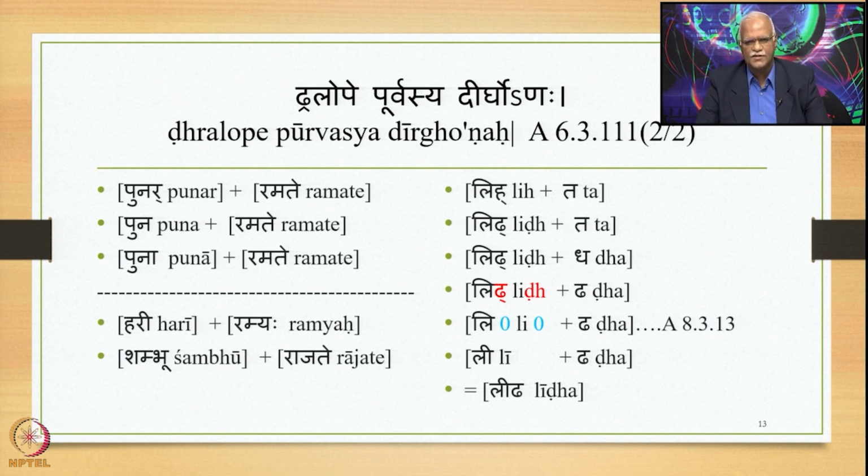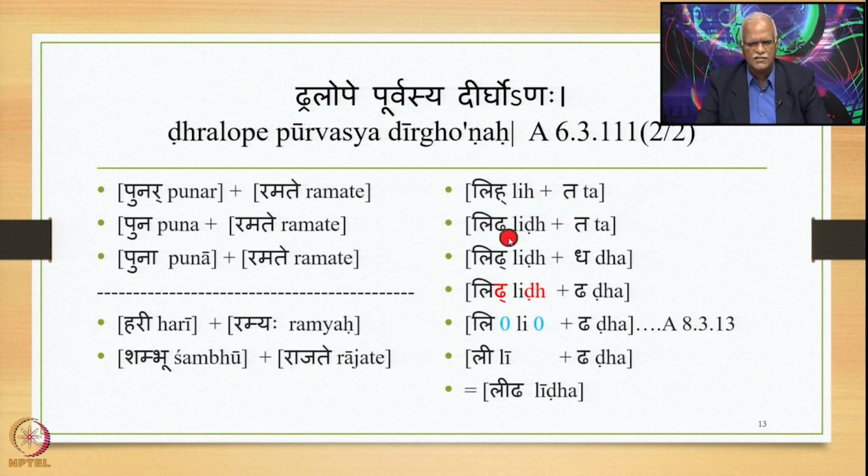Now, also let us look at the example where dh is deleted by the environment of another dh coming right immediately after. Here is the example. Liha plus ta, and this is the participle suffix. We are deriving the past passive participle. Liha plus ta.